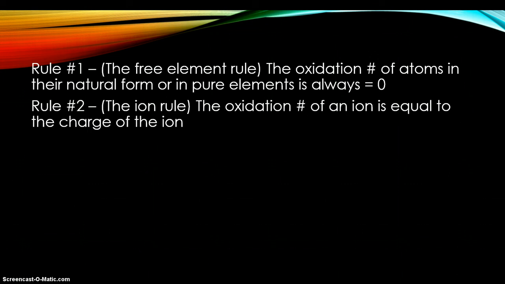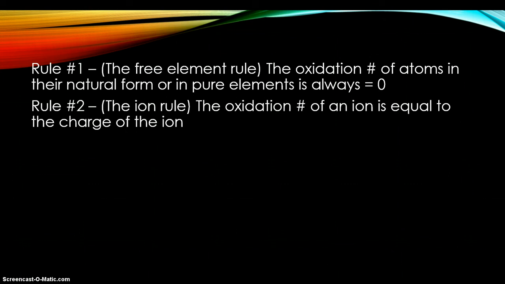And again, that makes sense because I'm describing the movement of electrons. And like we said before, positive oxidation numbers tell us that electrons are shifting away. So if my metal is losing electrons, I'm going to have a positive oxidation number. For each electron that I lose, I get 1 in the oxidation number.